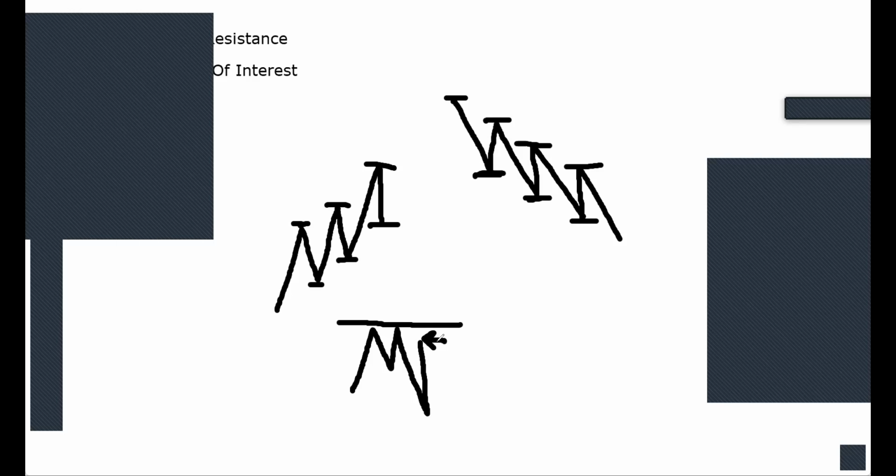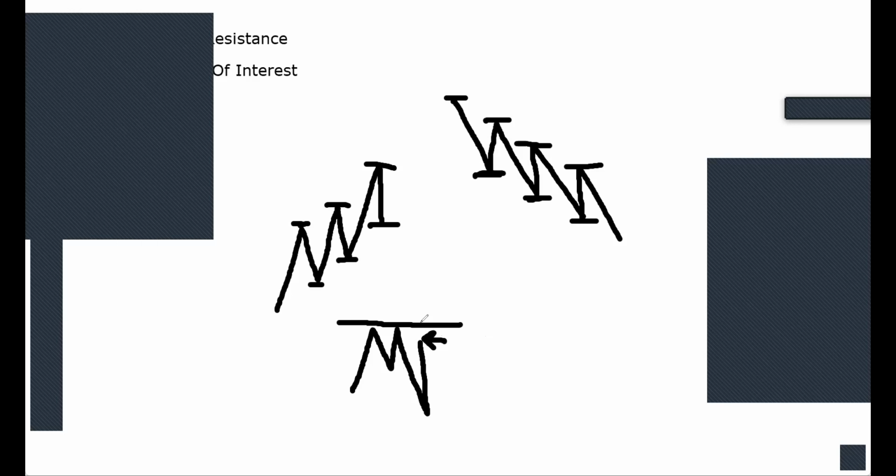Remember, this area is considered what? Support or resistance based on this chart? Resistance. Resistance, right? Because it's above where the candles are. So if the candle is below the resistance, what would it use the resistance for?